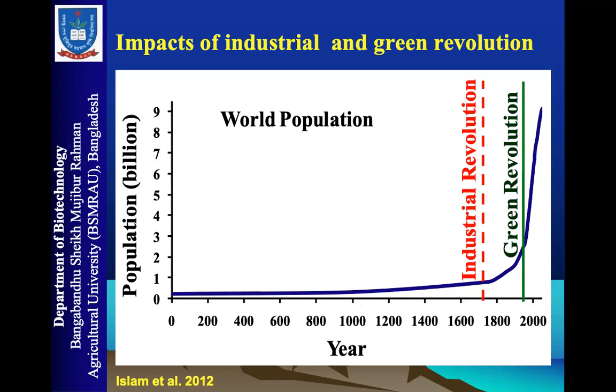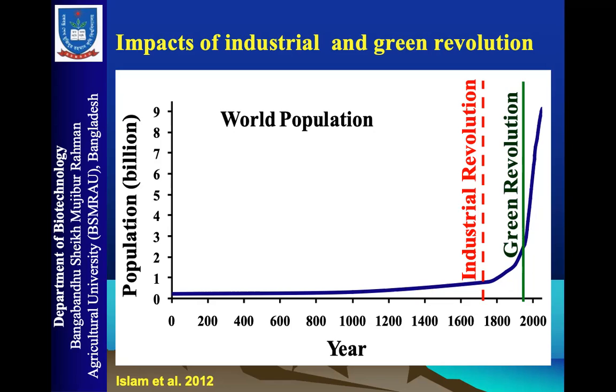Famine was a big threat for human survival. Even in our country, famine was common. Every year, many people died due to starvation. But the green revolution helped us feed billions of people, and it increased food production dramatically, fourfold, even in Bangladesh.